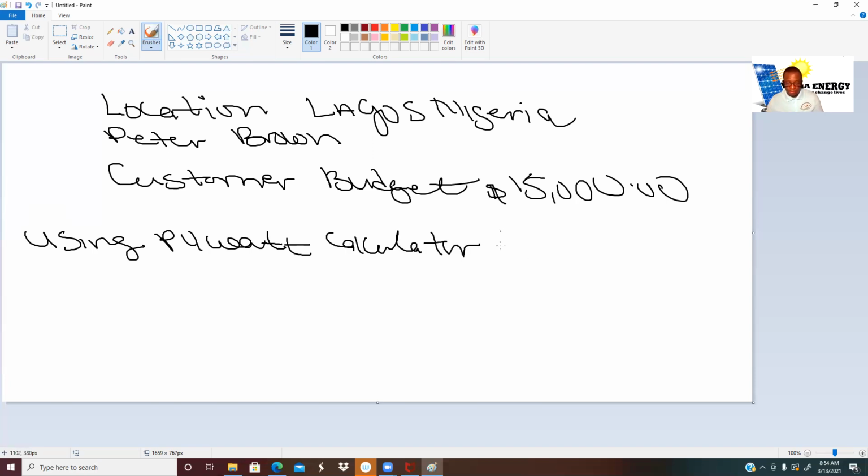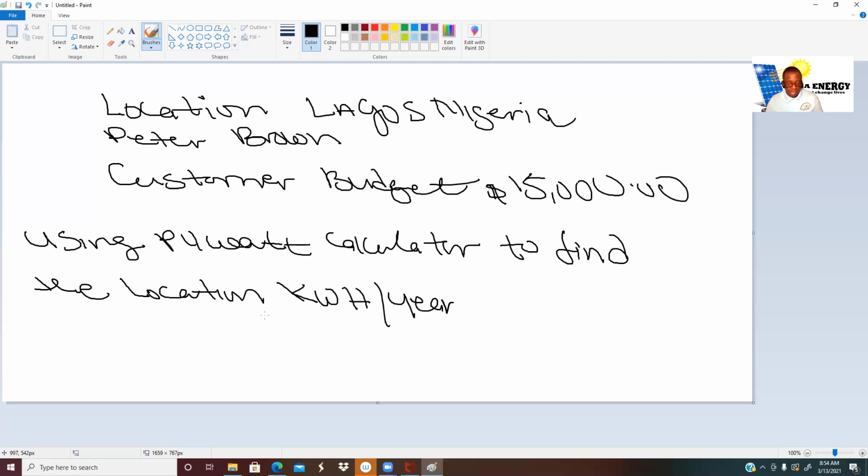To find the area kilowatts hour yearly. All right.